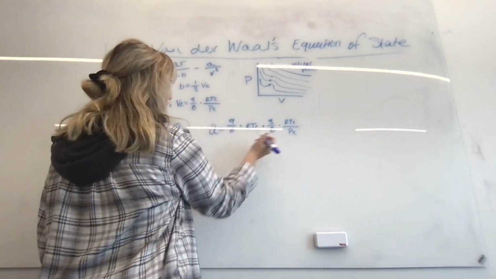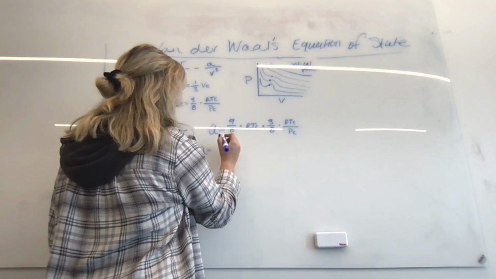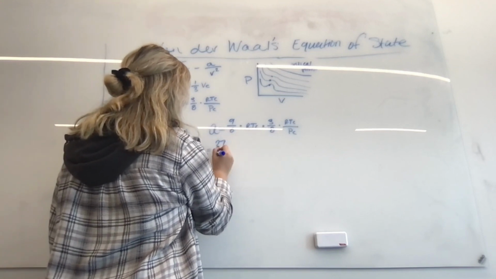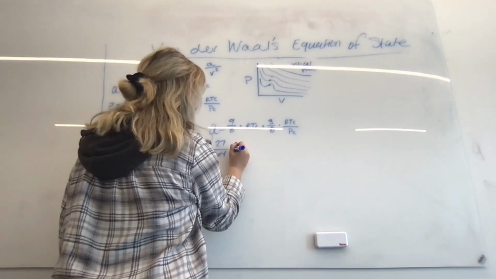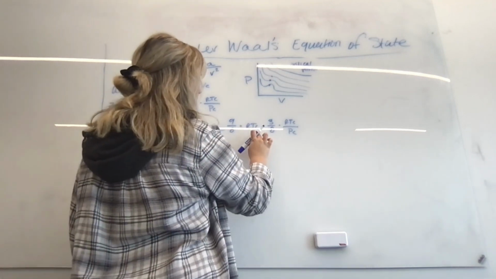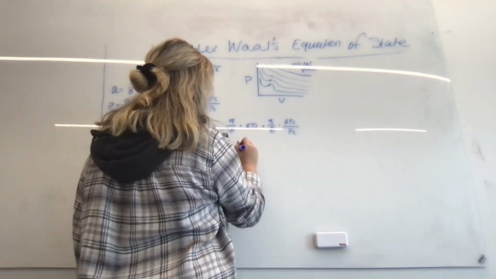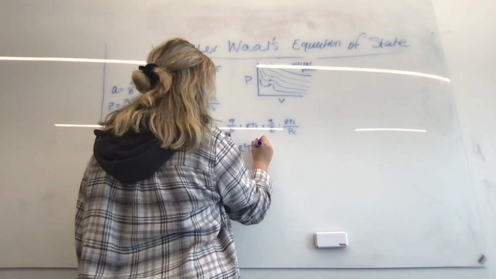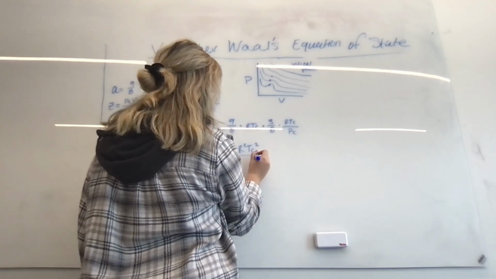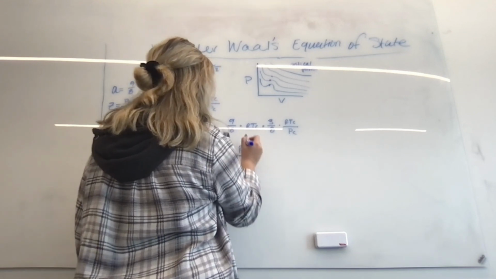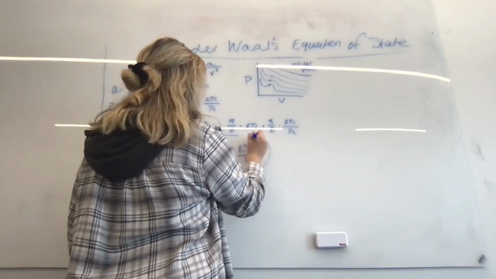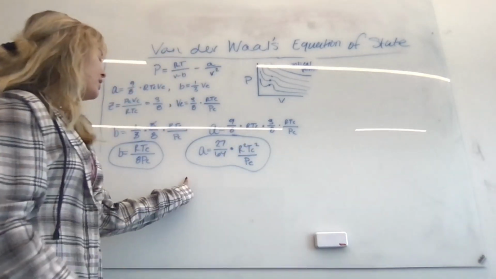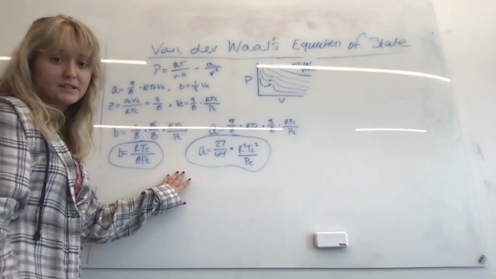So we're going to go ahead and multiply these fractions together, and that's going to give us 27/64 times R T_C times R T_C. That gives us R squared times T_C squared, and that's going to be over P_C. And like I said before with the B, this is our A value for any non-ideal gas in critical conditions.